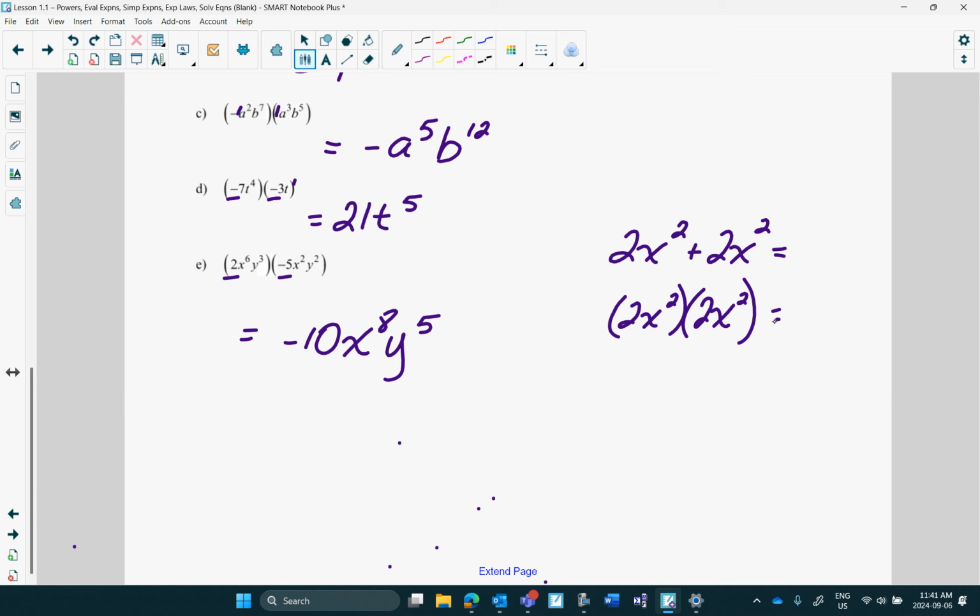Give me one of them. Top one's 4x squared. Bottom one is 2x to the 4th. 4x to the 4th. See the difference. We're adding the first one, we're multiplying the second ones. Okay, so just know the difference between those two.